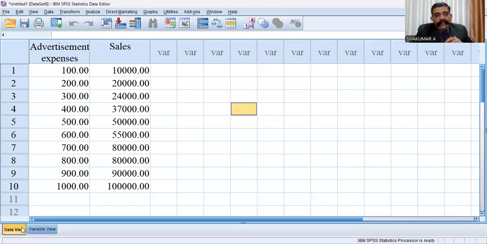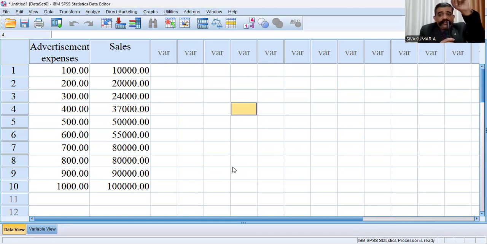Then I inserted the data. I think you have already learned how to insert continuous variables, that means scale or metric variables, in the SPSS software platform.